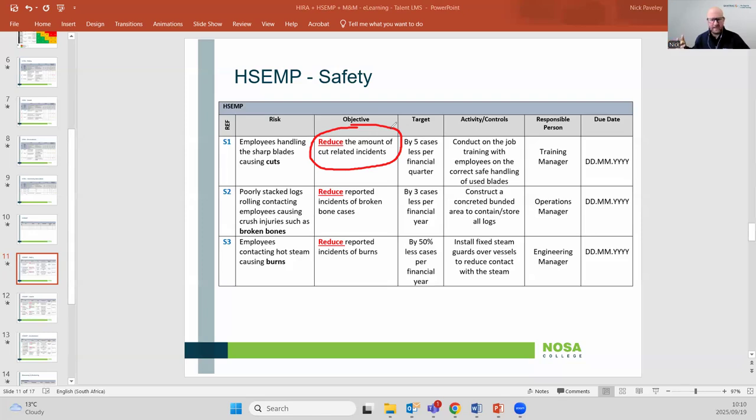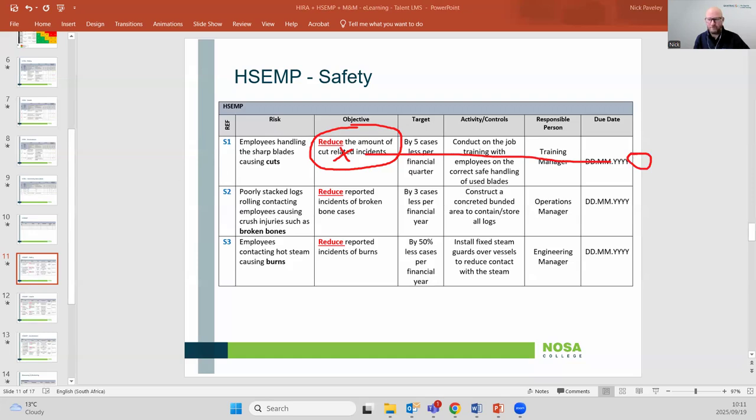If the consequence was cuts, why now is the objective talking about broken bones? Doesn't make sense, does it? Or let's say your objective for safety 1, reduce the amount of air pollution. What? It's got nothing to do with the risk identified in safety 1. So, ladies and gents, if your objective is horribly wrong, then unfortunately, the Samtrack assessor is just going to award you 0 marks.